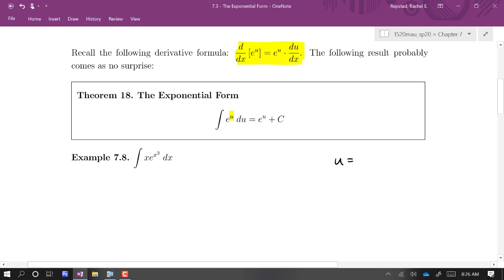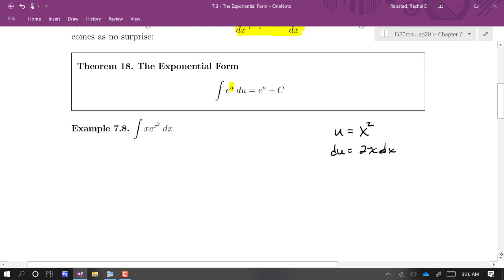So in this case, if we let u equal x squared, du is equal to 2x dx. I'm off by a factor of 2, so I'm going to put that in, compensate outside.